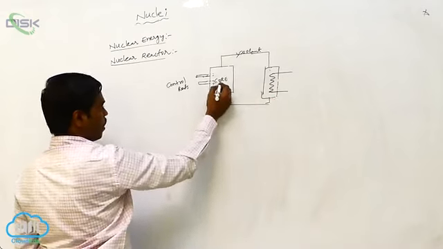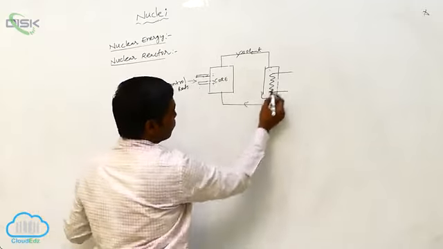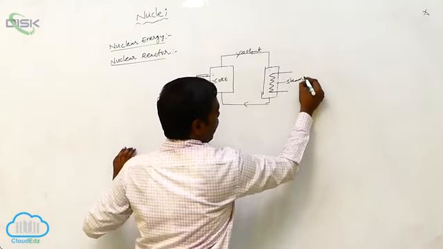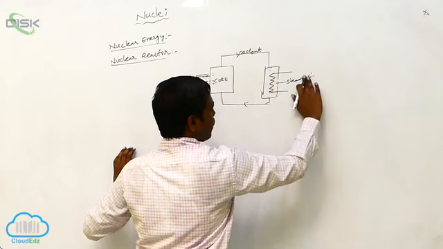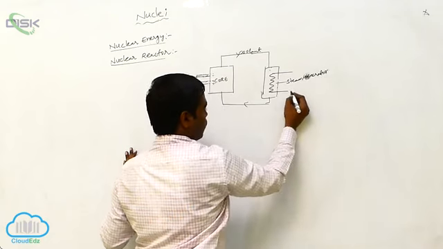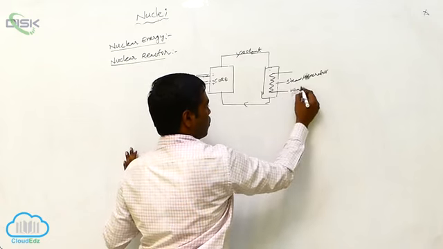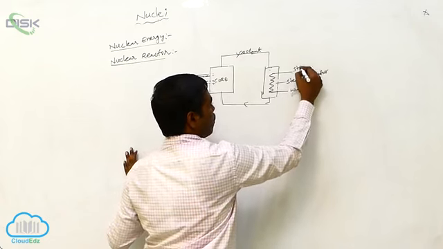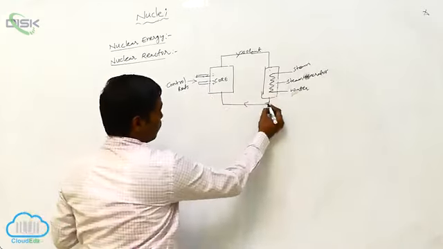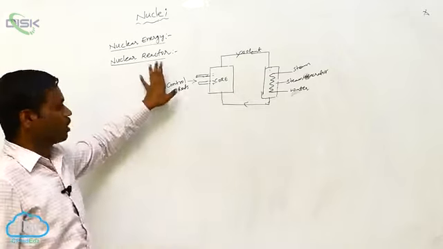This is the core element, and these are the control rods. And this is the steam exchanger, the steam generator. It takes in water, and steam is released from this side. This is the diagram of the nuclear reactor.